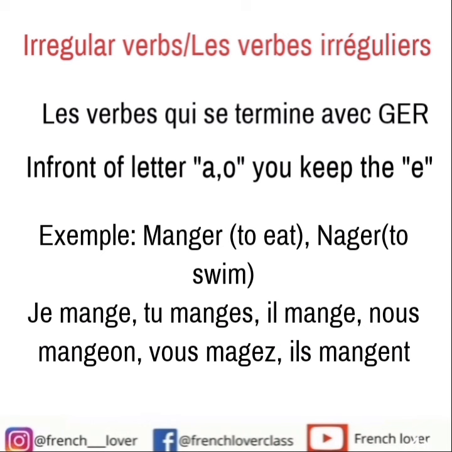But there are some verbs that will keep an E in the nous form or in any other form as long as it's in front of A or O, like the ones ending with GER.